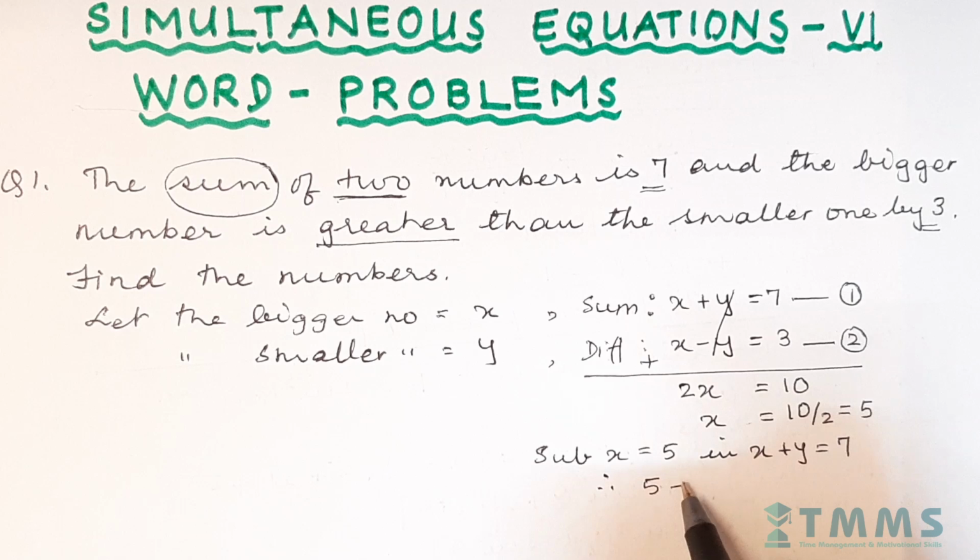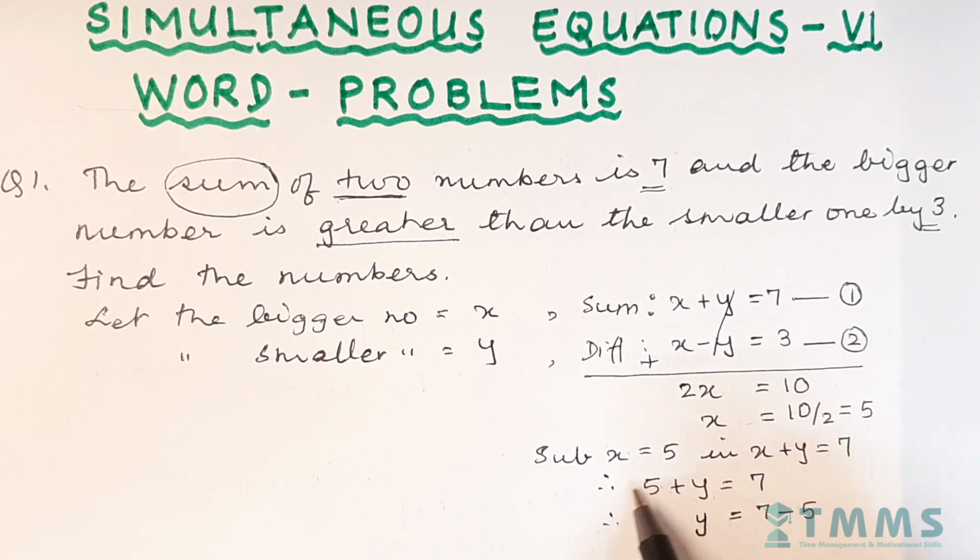Therefore, 5 plus y is equal to 7, and that will give us y equal to 7 minus 5. You can also look at it as, because 5 plus y is equal to 7, subtract 5 from here and subtract 5 from here as well.